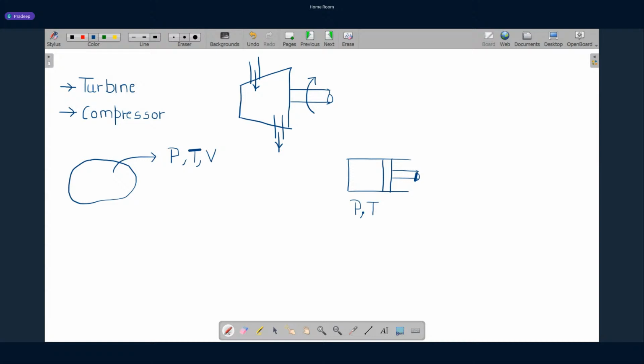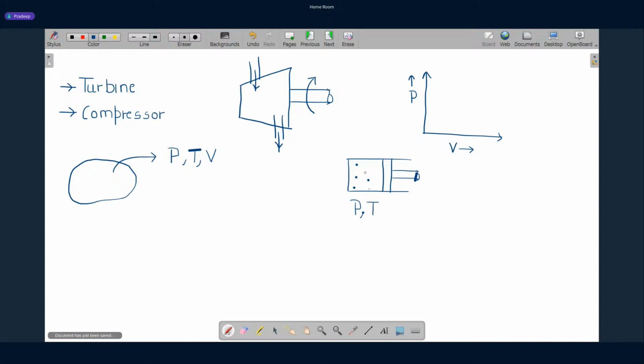And when any property of the system changes, we say that the system has undergone a process. How do we understand that? Let us say we draw a graph here. On the x-axis we have volume, and on the y-axis we have pressure. This is the gas behind our piston cylinder arrangement.